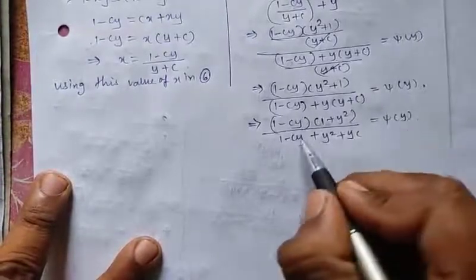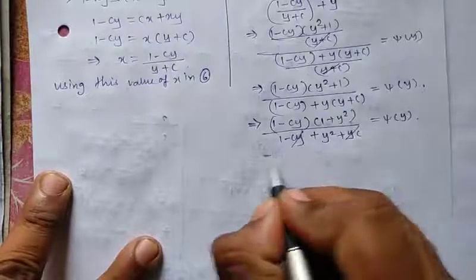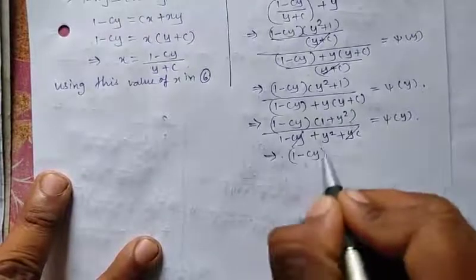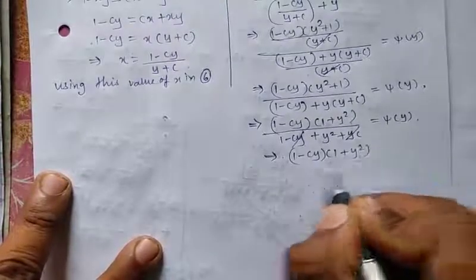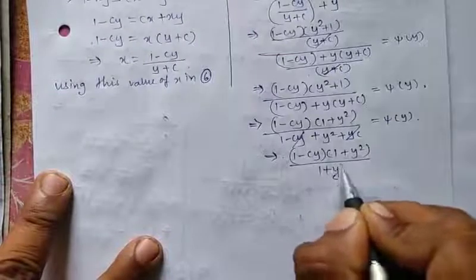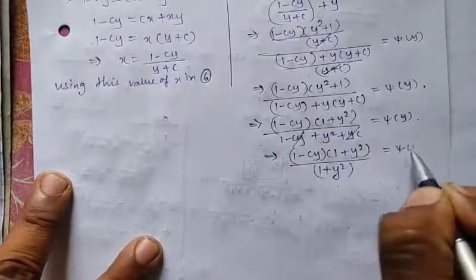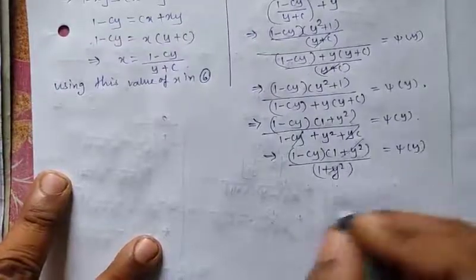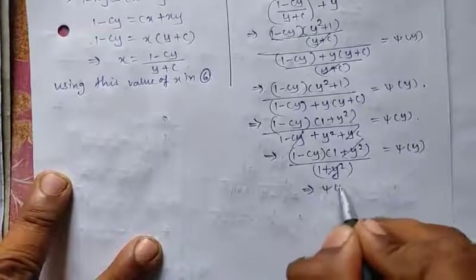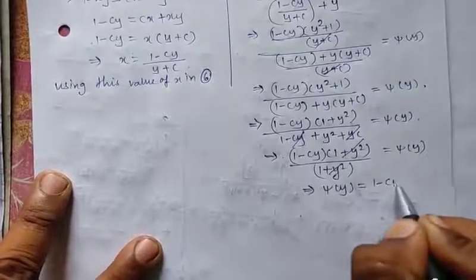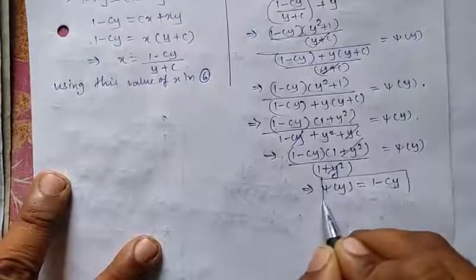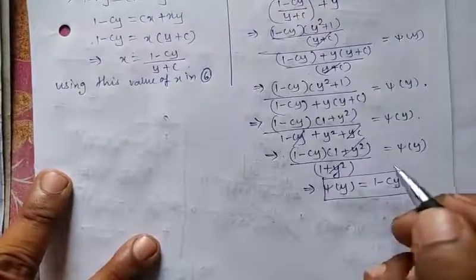Here -yc and +yc get cancelled, so we get (1 - cy)(1 + y²)/(1 + y²) equal to psi of y. These two get cancelled, therefore psi of y is equal to 1 - cy.